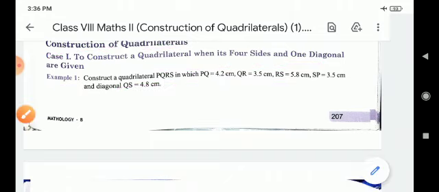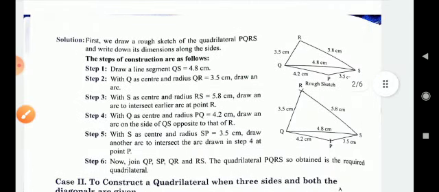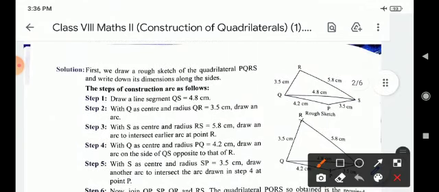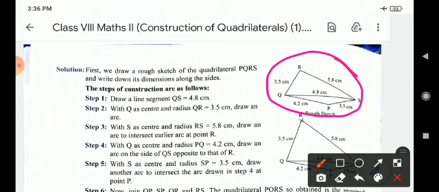Now I will discuss this question. First we draw a rough sketch diagram: PQ, QR, PS and SR and QS.